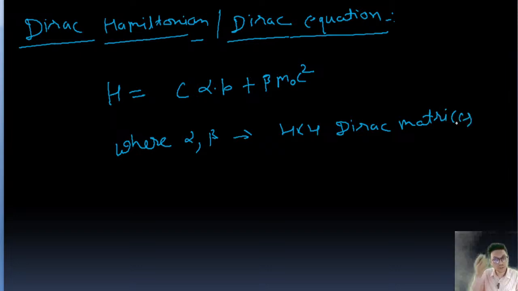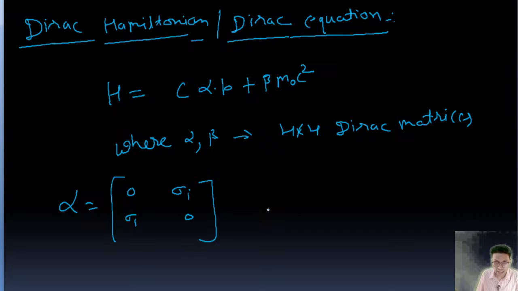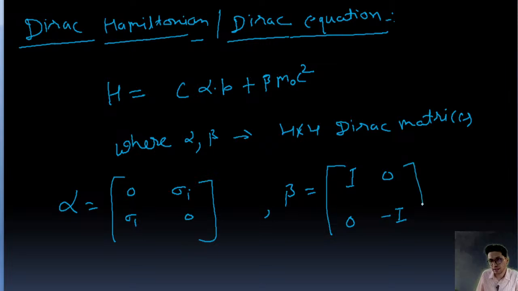The value of alpha is 0, sigma, sigma, 0. So this is the value of alpha, guys. And the value of beta is the identity matrix I, 0, 0, minus I. These are identity elements.